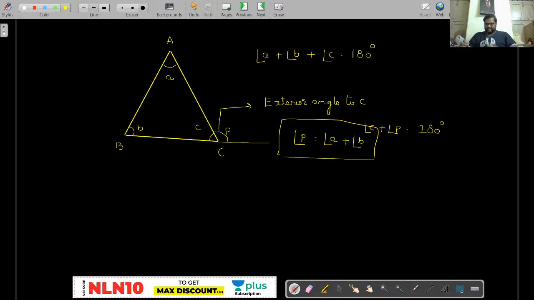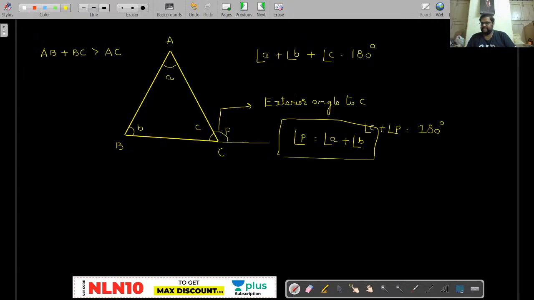The next basic is the triangle property: the sum of two sides of a triangle must be greater than the third side.